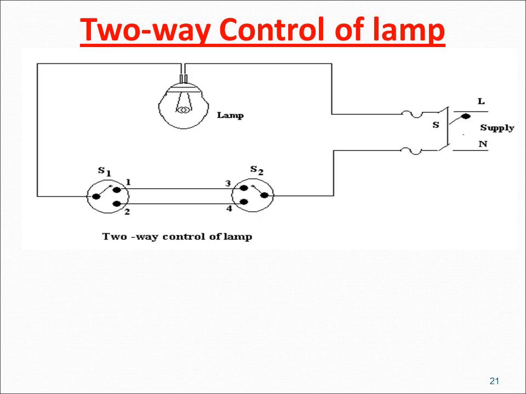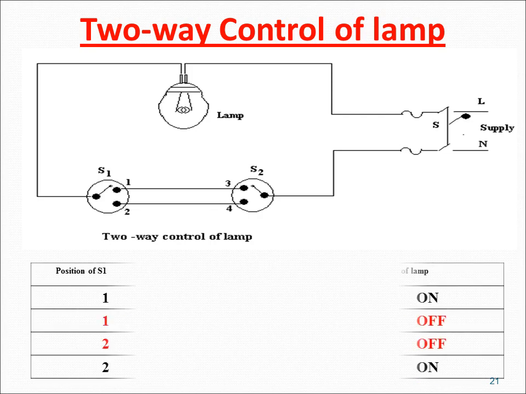Here you can observe if the switches S1 and S2 are placed in 1 and 3 or 2 and 4, the lamp is on. But if S1 is at 2 and S2 at 3, then it is an opposite direction connection, so it will not be on. So two-way control of lamp.